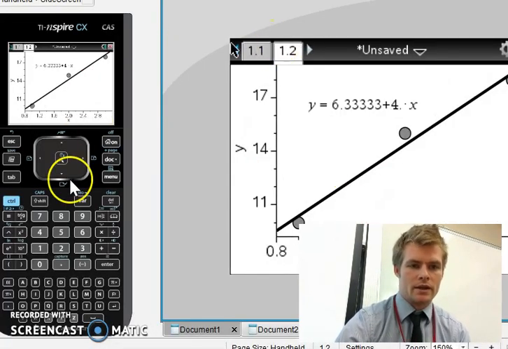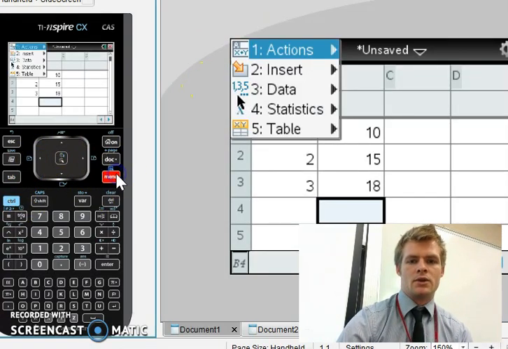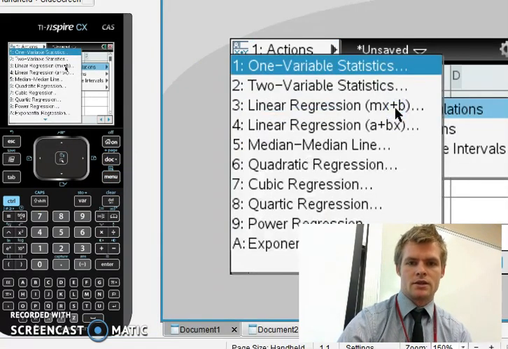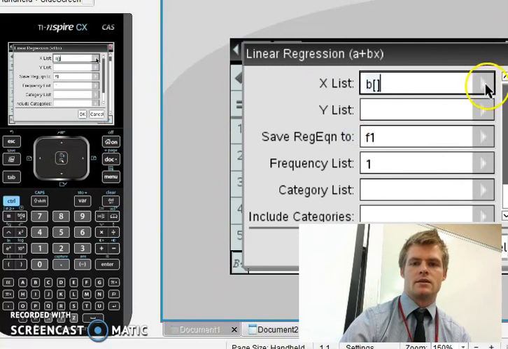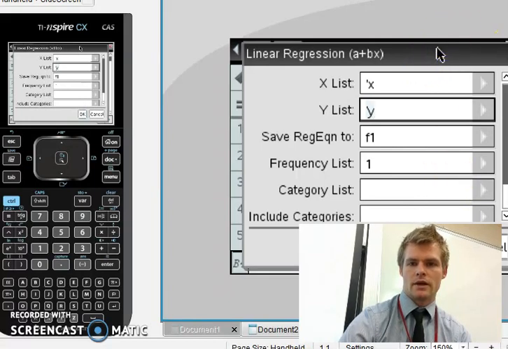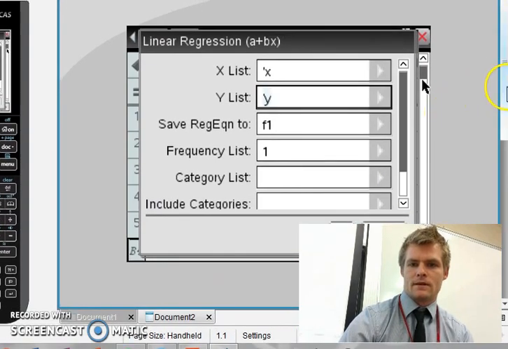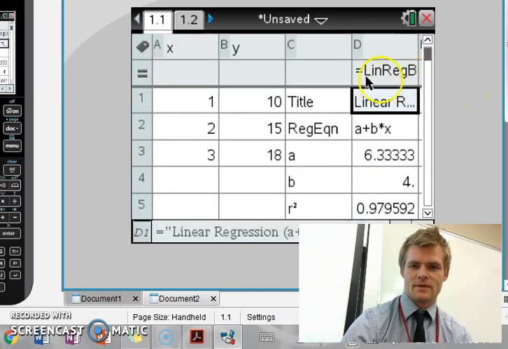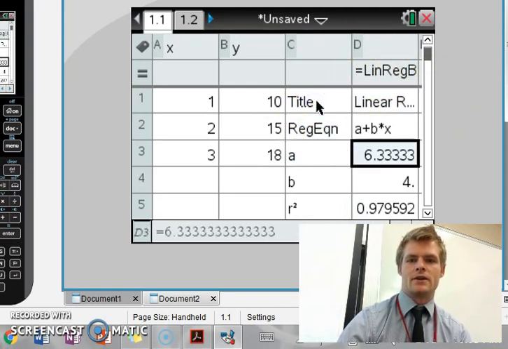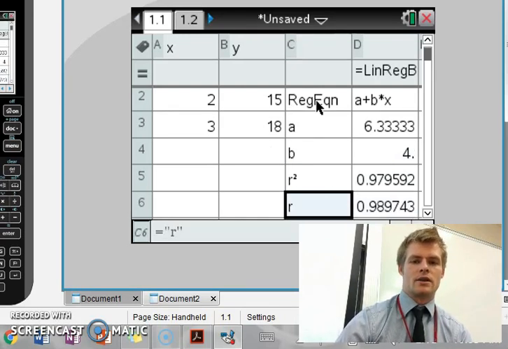The way you do that is Control left, menu, statistics, stat calculations, linear regression a plus bx, and you put in your explanatory for the X list and your response for the Y. We can see it gives us my A value, 6.3, my B value, R squared, which is called the coefficient of determination, and R, Pearson's correlation coefficient.